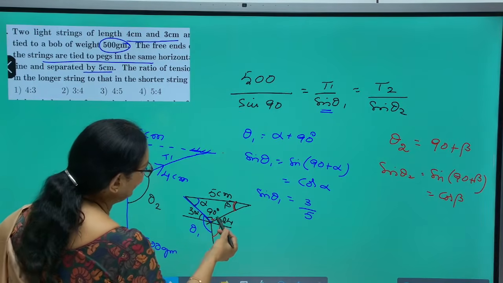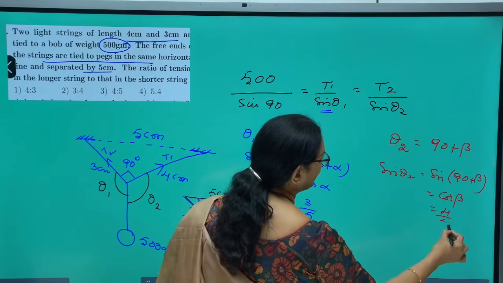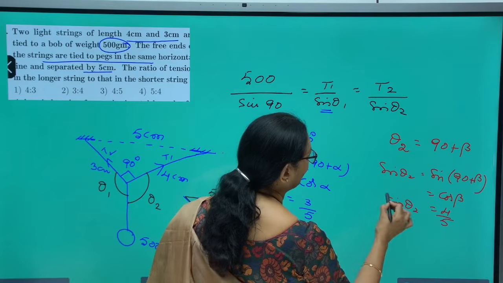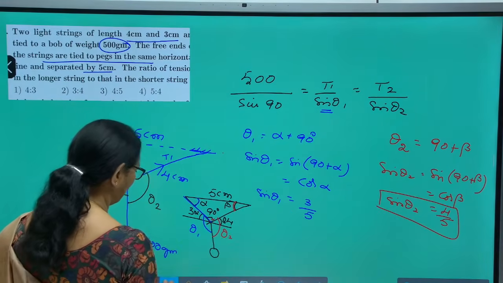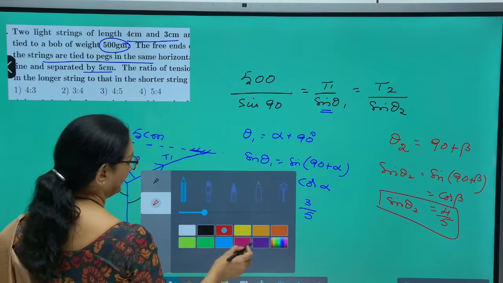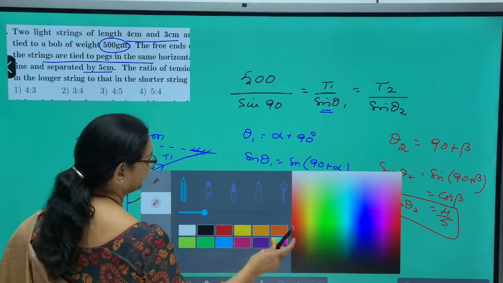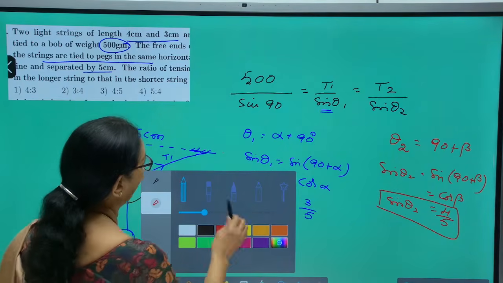So, cos beta is equal to 4 by 5, from which sin theta 2 is 4 by 5, sin theta 1 is, look here, 3 by 5.